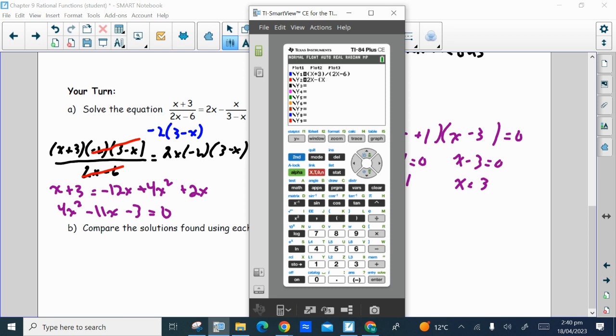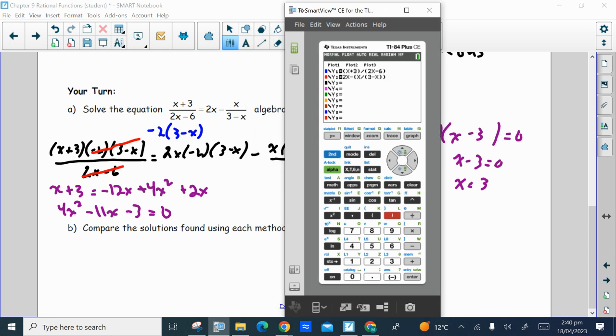It'll be x on top divided by, in brackets, 3 minus x. Close the bracket on the denominator, close the bracket on the expression. Quick check, x plus 3 over 2x minus 6 is right. 2x take away, x over 3 minus x looks good.